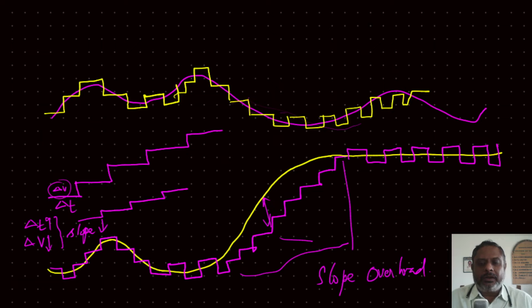In order to reduce this, the other option is to increase the slope. With the increase in slope, either you can reduce delta t or increase delta v. Increasing delta v means you have fewer quantization levels, so the accuracy of representation goes down, and decreasing delta t means you need more samples.